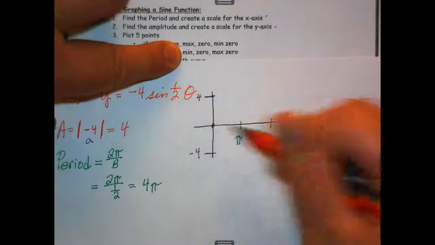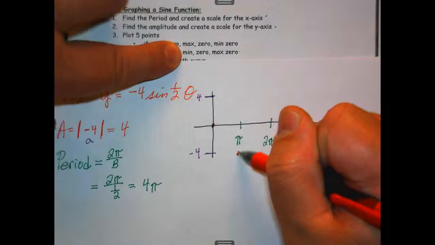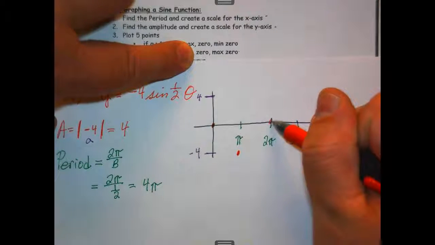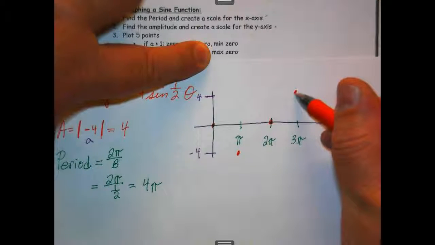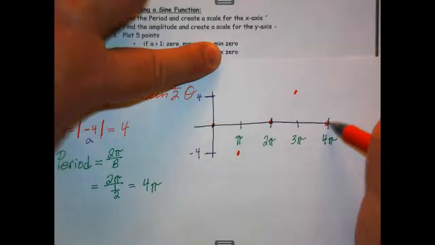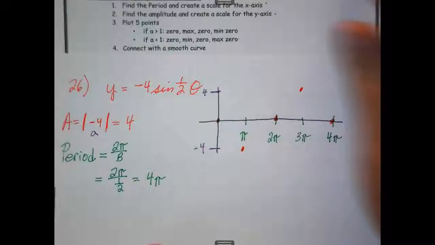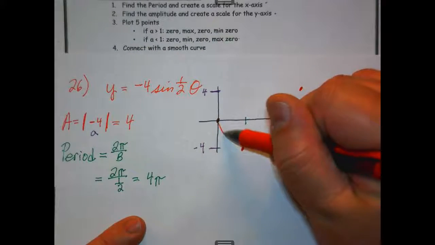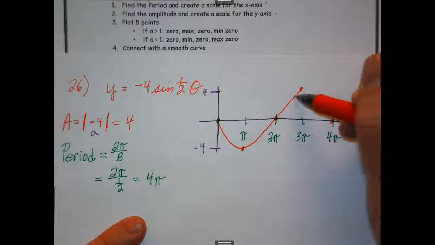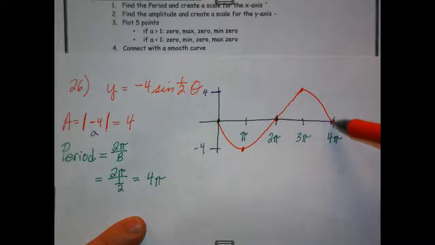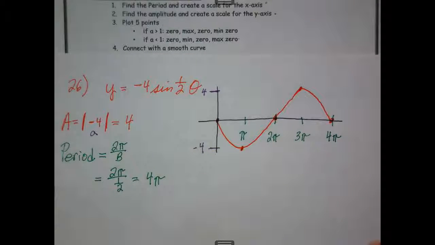Next point at min. Next point at 0. Next point at max. And last point at 0. So this sine function, because of that negative, is going the opposite way, or reflected. And there you go.